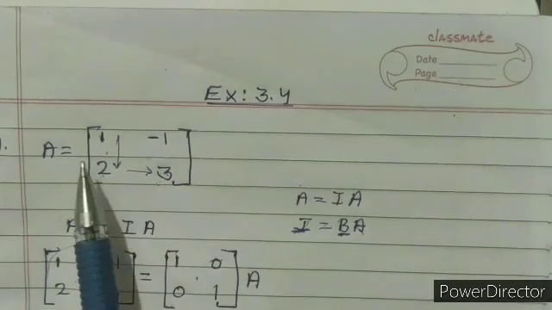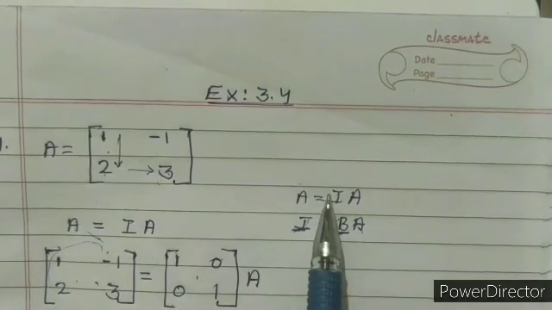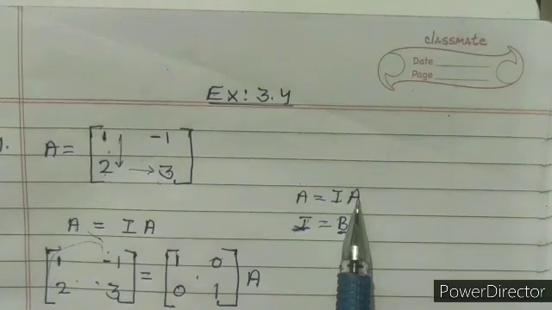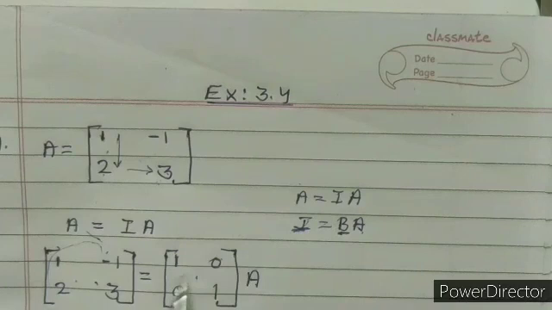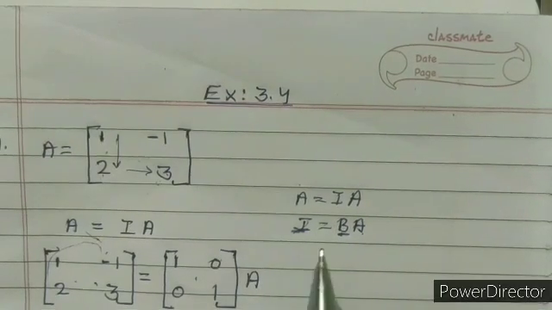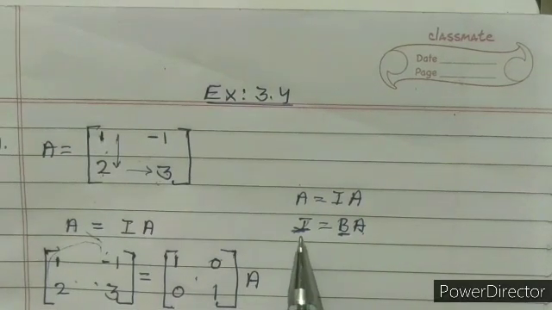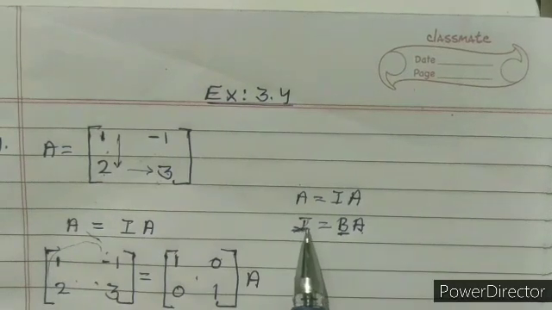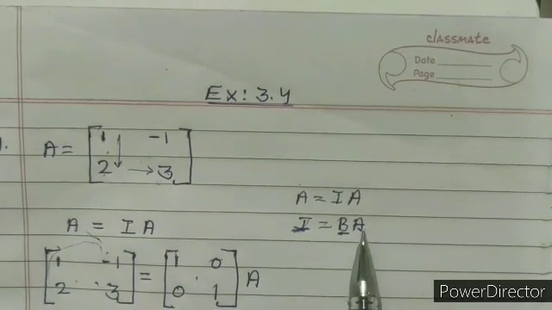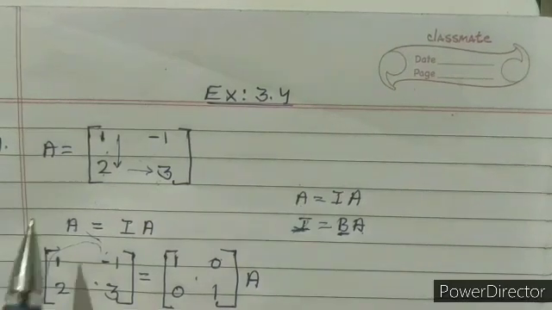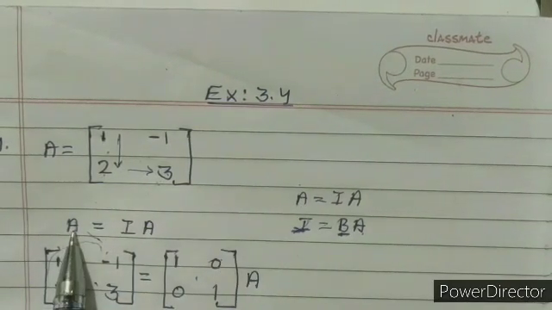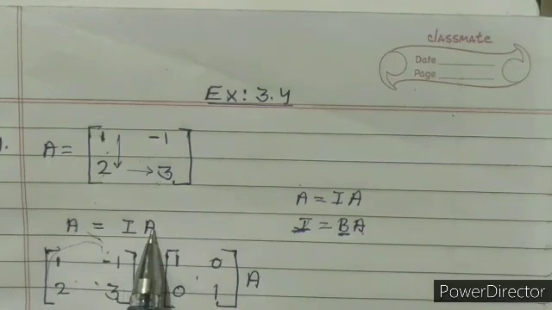Now we will take A equal to IA and then apply a sequence of row operations or column operations till we get I equal to BA. In this case, B will be the inverse of A. So our first step is to take A equal to IA.